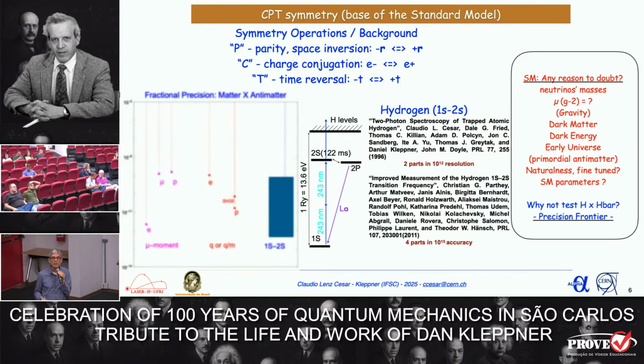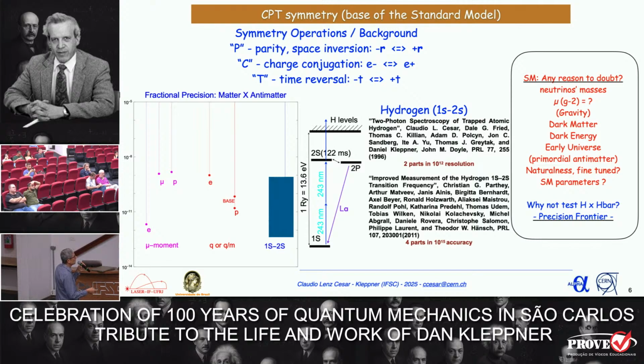But do we have any reason to doubt the standard model? Well, there are quite a few reasons to doubt that the standard model is at least incomplete, okay, and at most wrong. But I mean, it's a very nice theory, but it's a theory. We have to test against the measurements. I'm not going to go through this, but there are many issues.